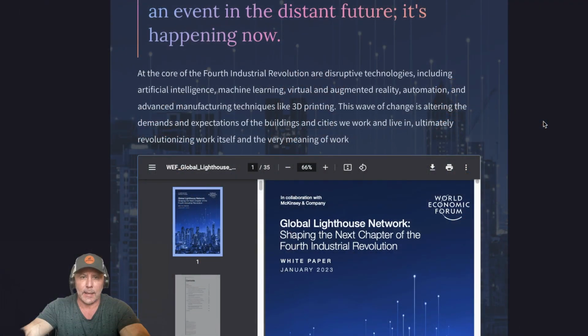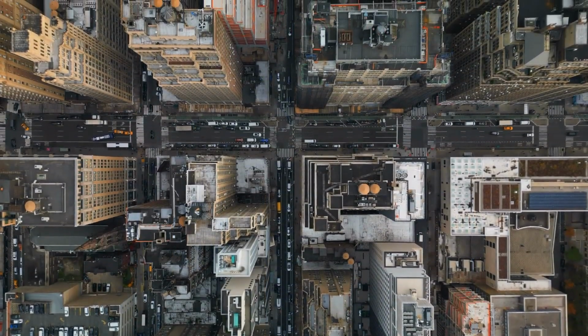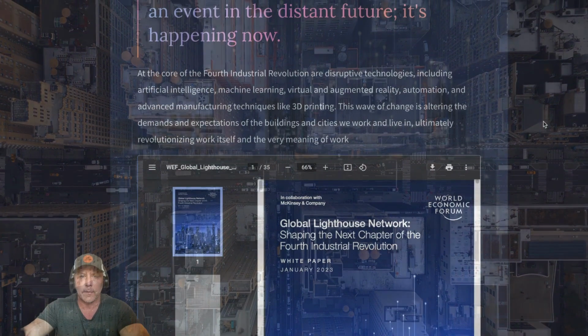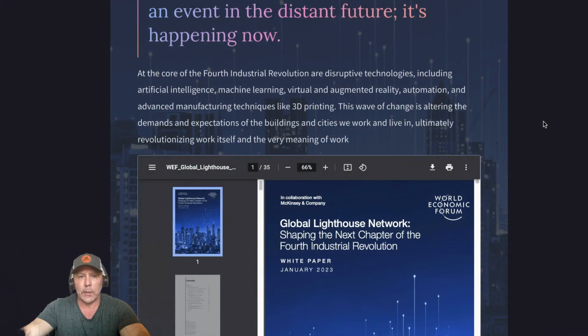That includes AI, machine learning, virtual and augmented reality, automation, and advanced manufacturing techniques like 3D printing. This wave of change is altering the demands and expectations of the buildings and the cities we work and live in. It's ultimately revolutionizing work itself and the very meaning of work.